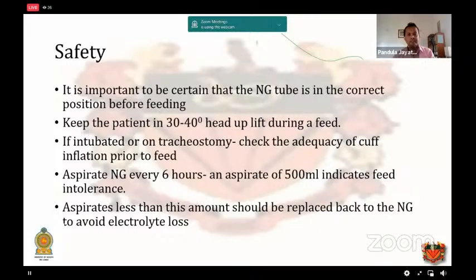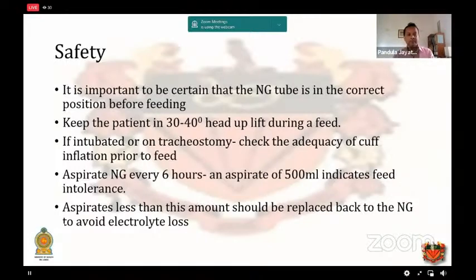First thing is to confirm the position. Then keeping the head up at about 30 to 40 degrees will also prevent the aspiration of gastric contents, especially in a patient who is unconscious. Also, in intubated patients or patients with a tracheostomy tube, you have to check the cuff inflation, which will prevent the aspiration of gastric content into the lungs.